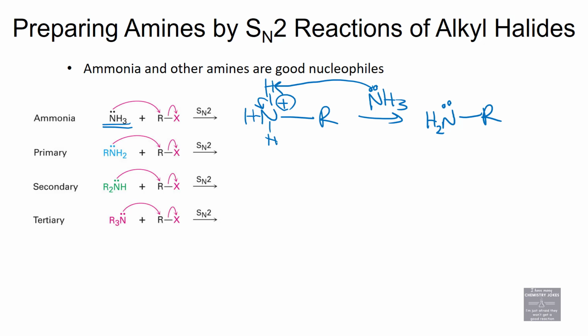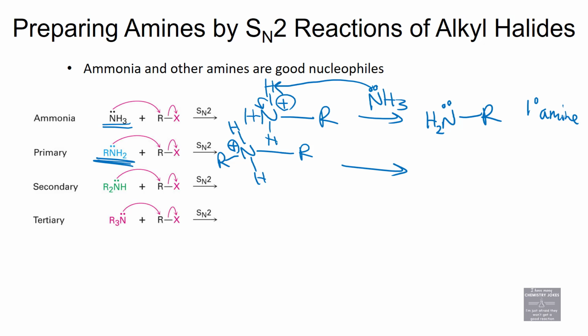That NH2R is a primary amine. Look, a primary amine. If that primary amine undergoes another SN2 reaction, we get, my handwriting is too big for this, we get this guy with 2 R groups added and a positive charge.